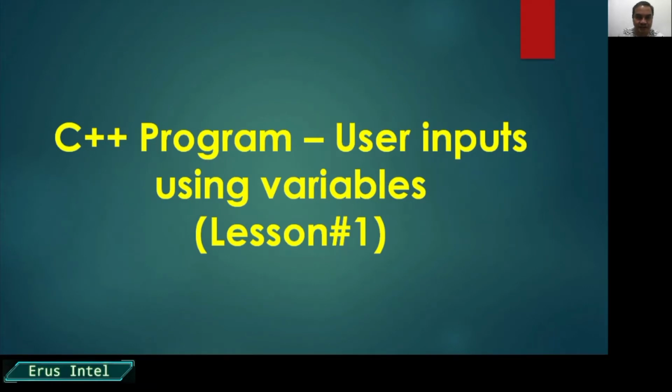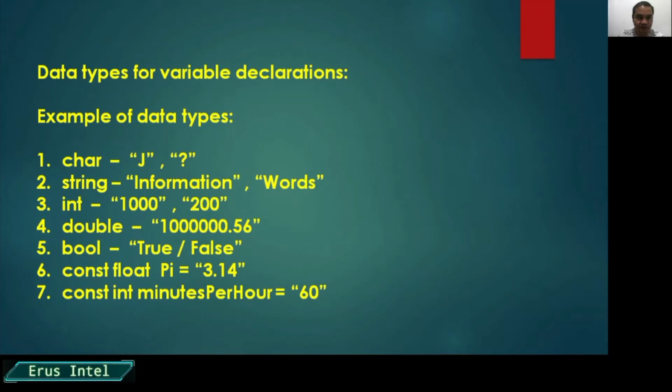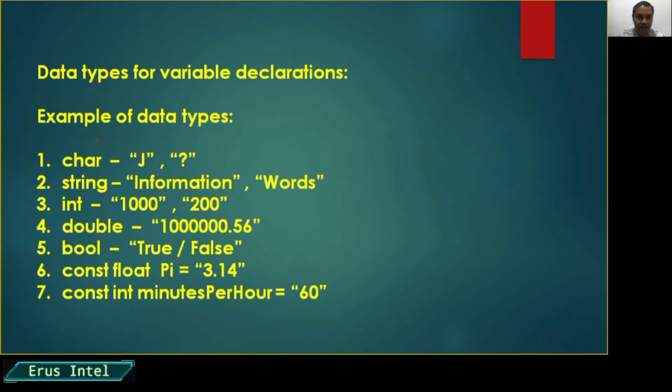Today, I'm going to discuss a C++ program, user inputs using variables, for our lesson number 1. First, we need to know the data types for variable declaration. Here we have examples of data types. First is the character, or char.